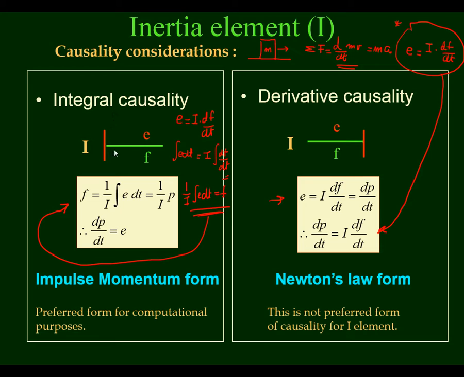So the way you orient this symbol is directly related to the form of writing the equations. This was in integral form. This other one in derivative form. So you have to see which one you're dealing with.